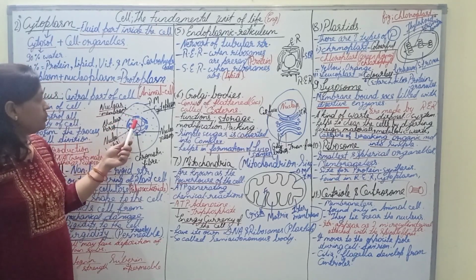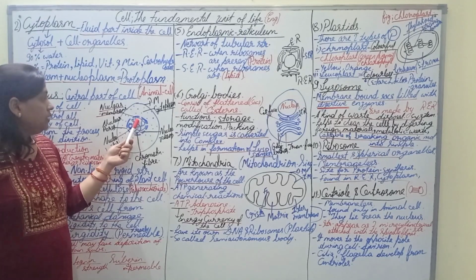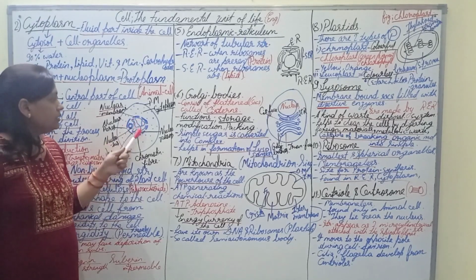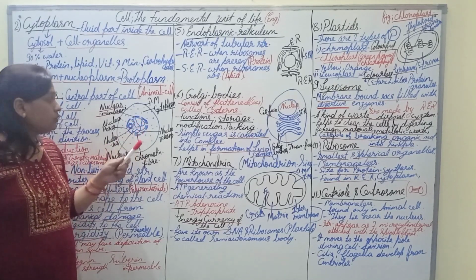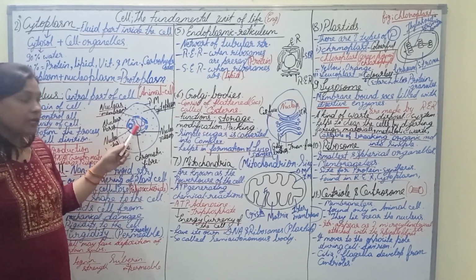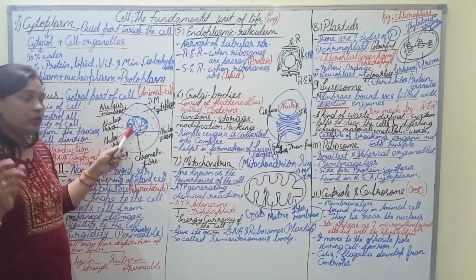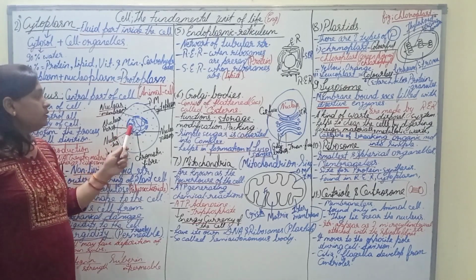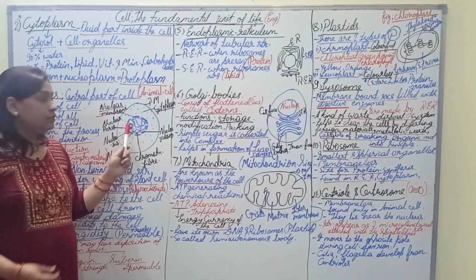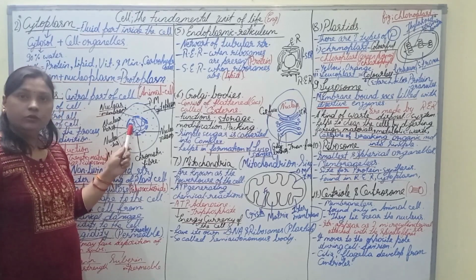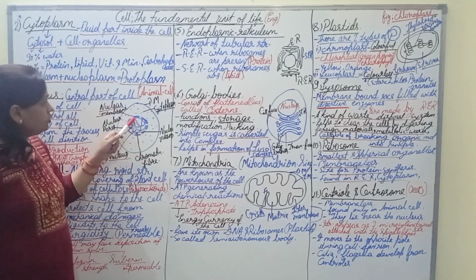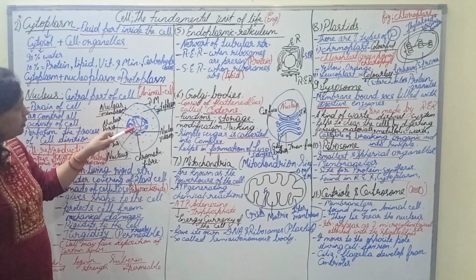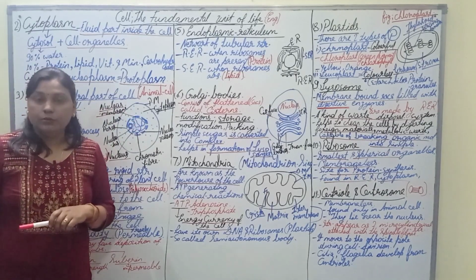See the structure present inside the nucleus. The fluid part present inside the nucleus is nucleoplasm, and inside this nucleoplasm another small spherical structure is present, known as the nucleolus. Ribosomes are synthesized in the nucleolus, and these thread-like structures are called chromatin fibers.